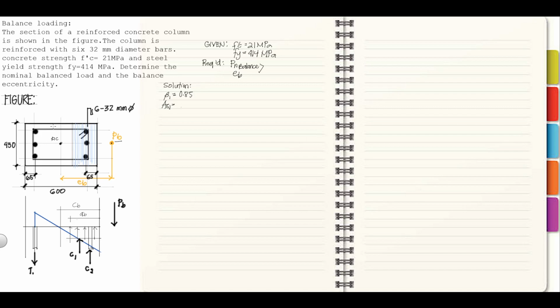And then, dito na sa natitira will be in tension, no? Okay. Hopefully maliwanag. So, ang consider lang natin for AS1 is yung tatlo. Right? So, tatlo lang. Tatlo na 32 mm bar.